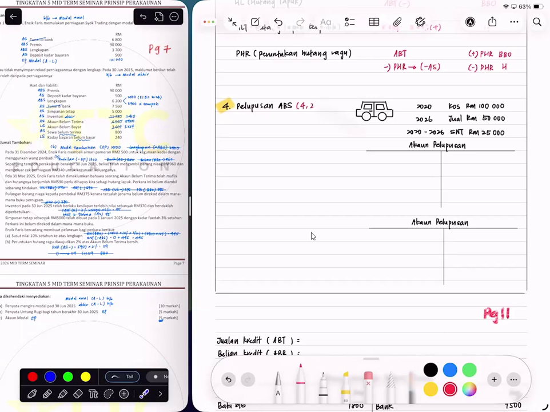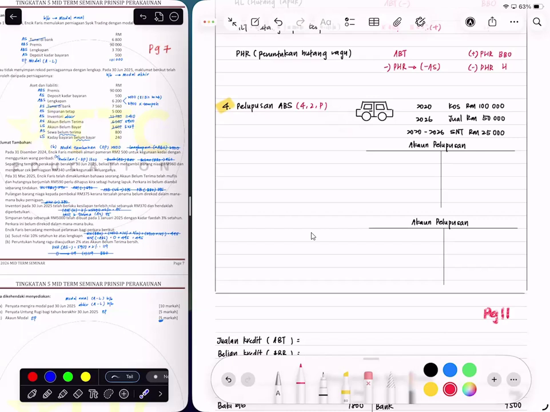Because make sure one in debit, one in credit for us to inbound the account, right? Then every step, second account, what's the account for us to fill in? Yes, pelupusan. So remember the key code, it is 42 MP.